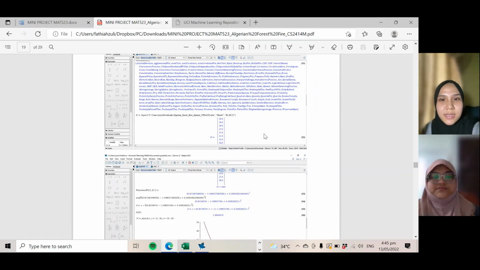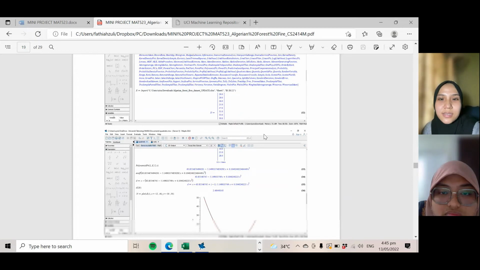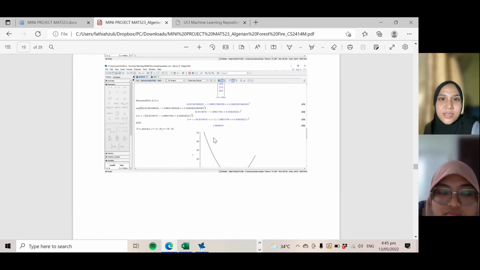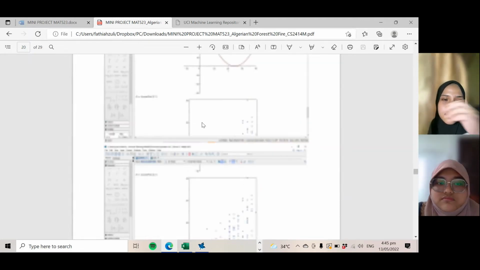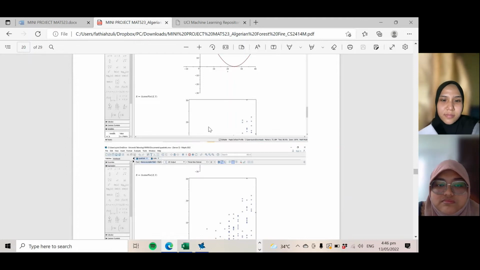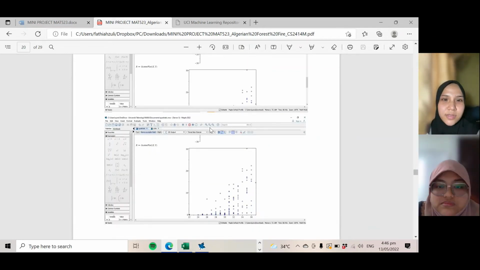Next we convert X to matrix form, then we use the values to plot the graph. This is the scatter plot.